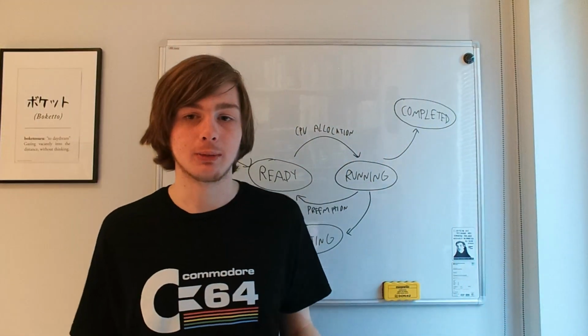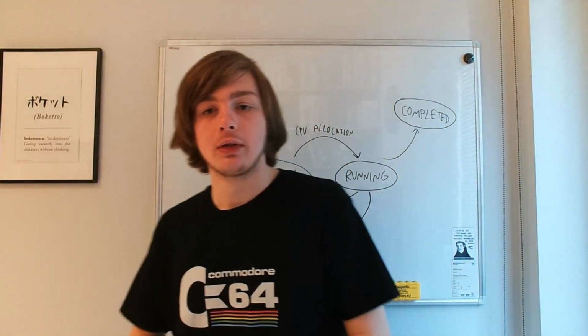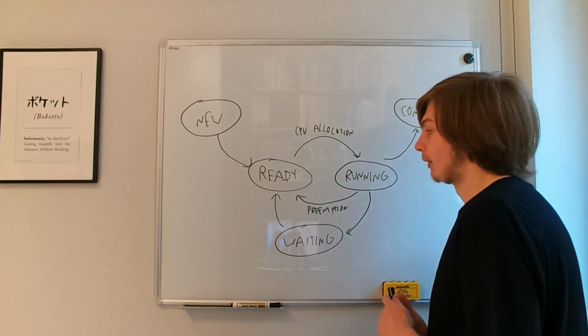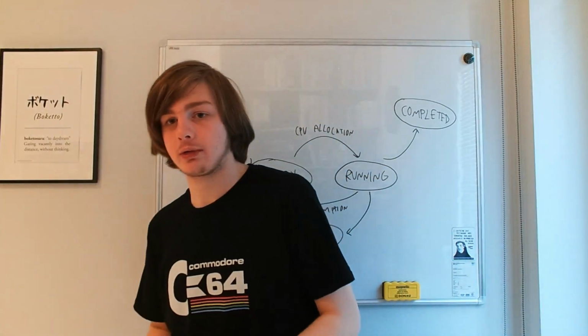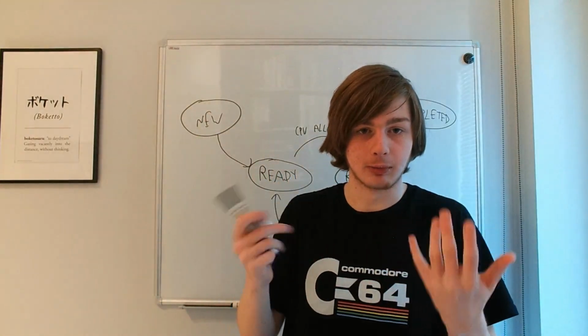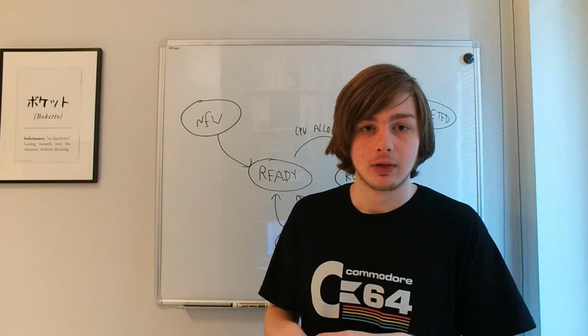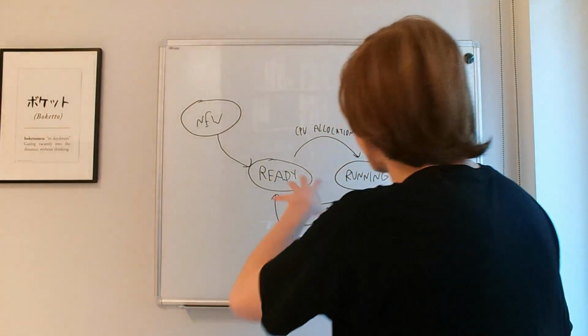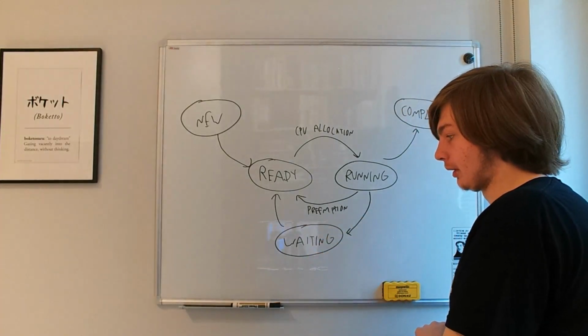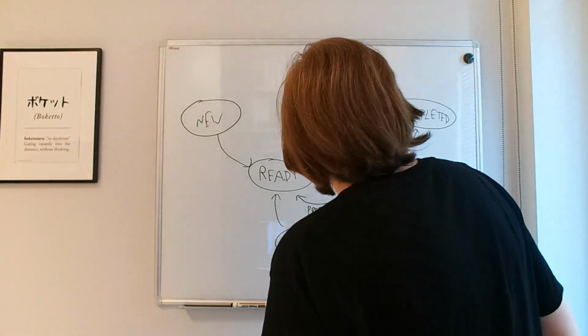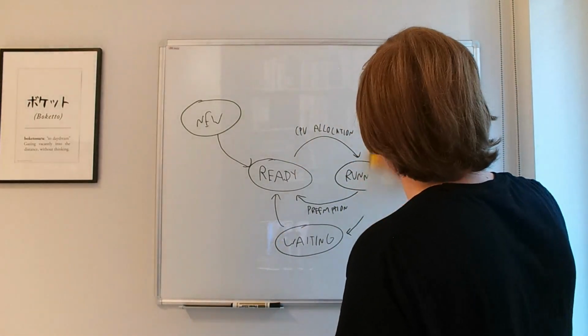If you have n CPUs, you can have at most n running processes. You can have an infinite amount of ready processes in theory, right? You can have as many of them, and they could theoretically be allocated time by the short-term scheduler. That's independent of the amount of CPUs. So that's the general idea.